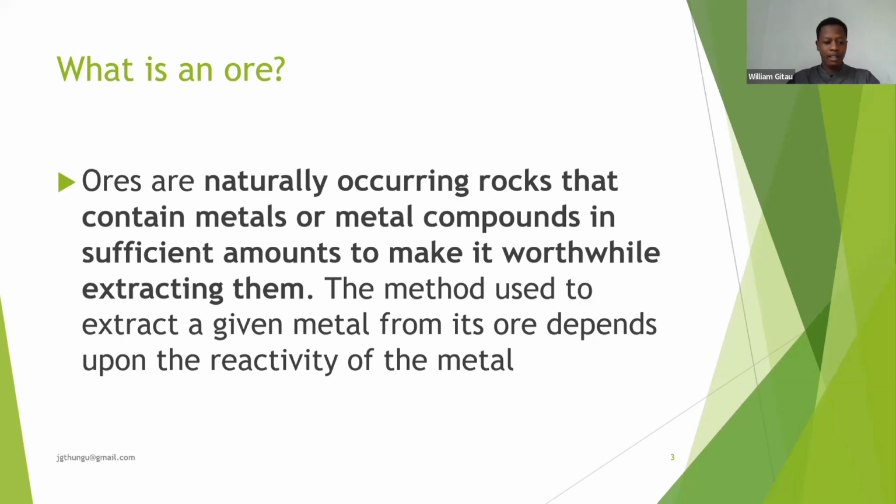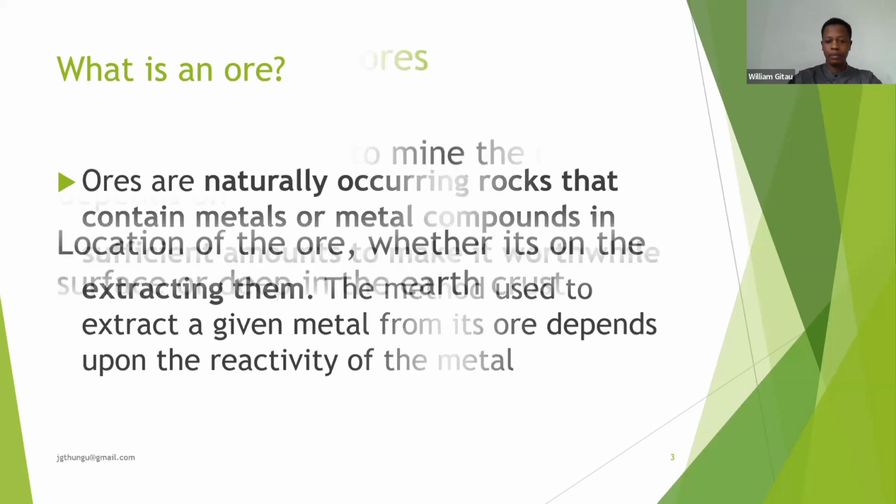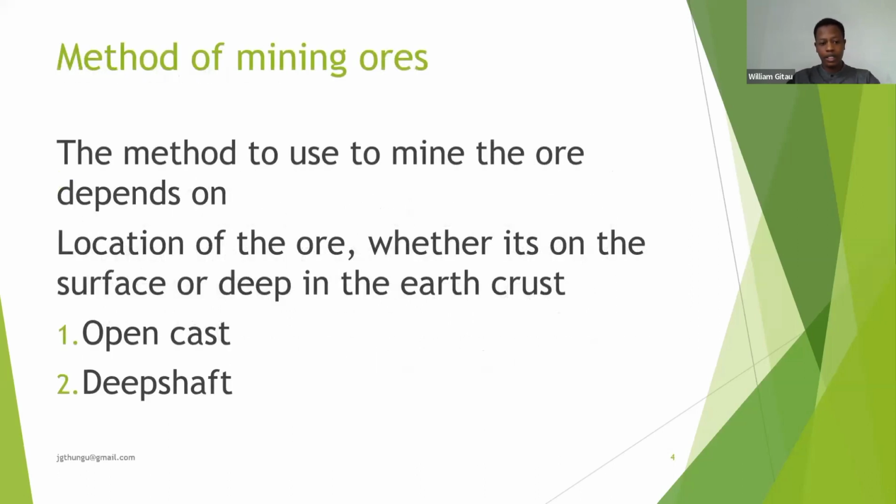So which are these factors that determine the method that is used to mine this ore, or to mine the rock that is having the metal? The method to use depends on the location of the ore, whether it is on the surface of the earth or deep in the earth crust.